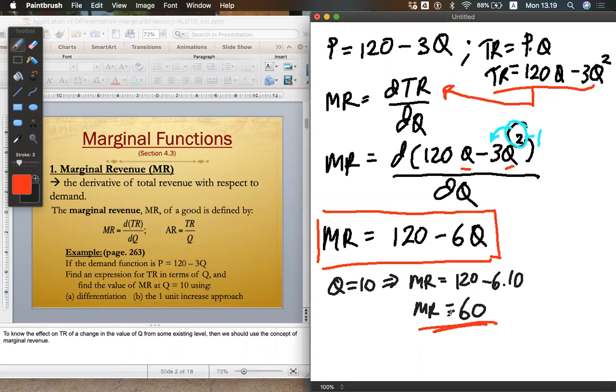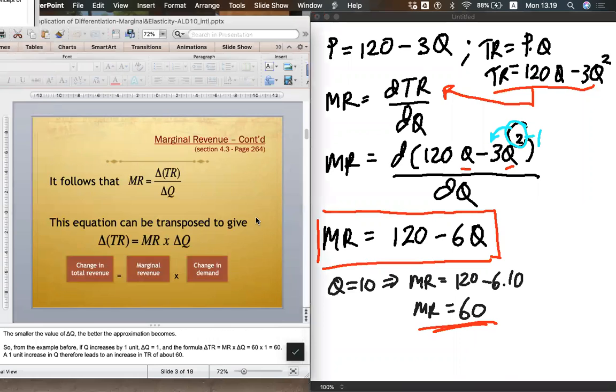So this is the MR if we are calculating it using the rules of differentiation. And then, for the one unit increase approach, we can use the second way.